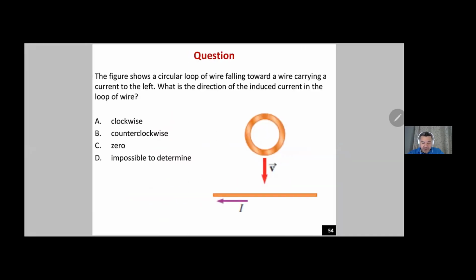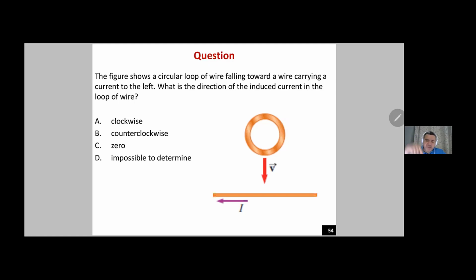Because the magnetic field generated by the wire was pointing into the page, into the screen, and increasing in the direction into the screen. What I care about is the direction of the change.